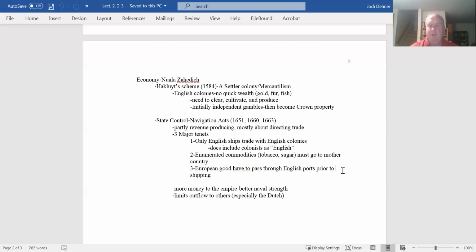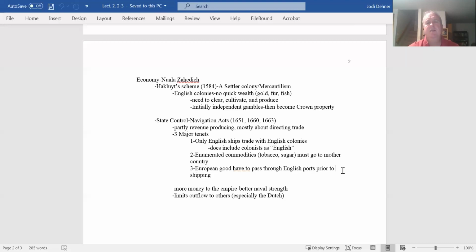There's always a lot of cheating and smuggling that goes on, but by and large, it's very effective. This produces more money for the empire, for the crown, and that money is turned around and producing a much more powerful English navy. So the revenues generated, the ships that are being constructed and used, these are all things that benefit the crown in the form of having a better and bigger navy.